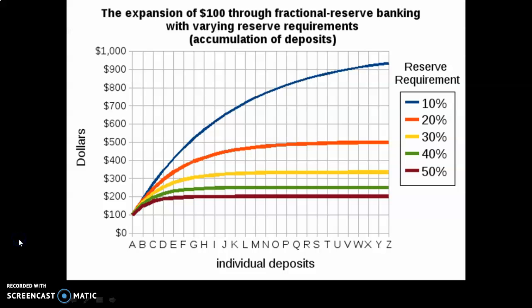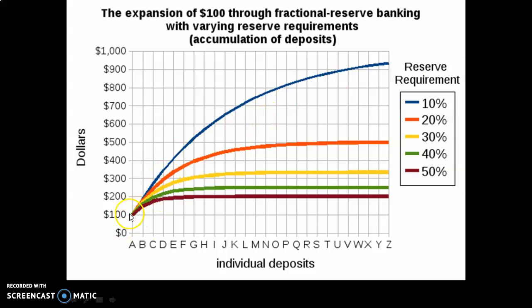Okay, so here's a graph that's kind of interesting. Let's say that the reserve requirement is 10%. So for every deposit you make, the bank must hold 10% of that in reserve. Look what happens to the amount of money that will be created from your deposit if the reserve requirement is 10%.